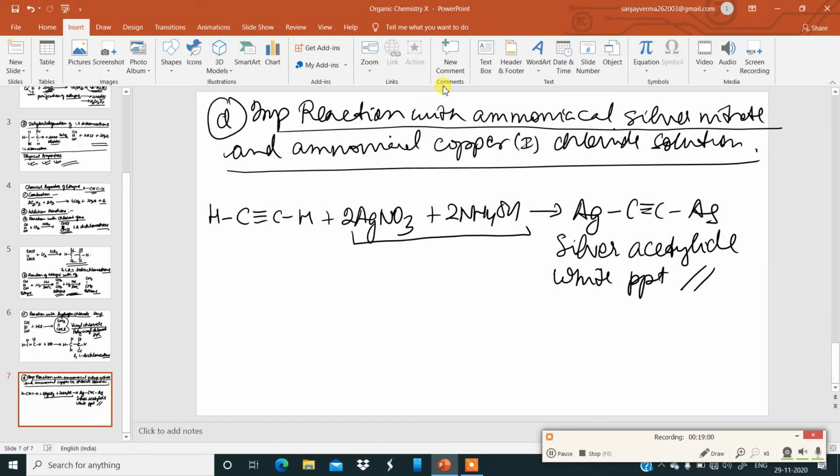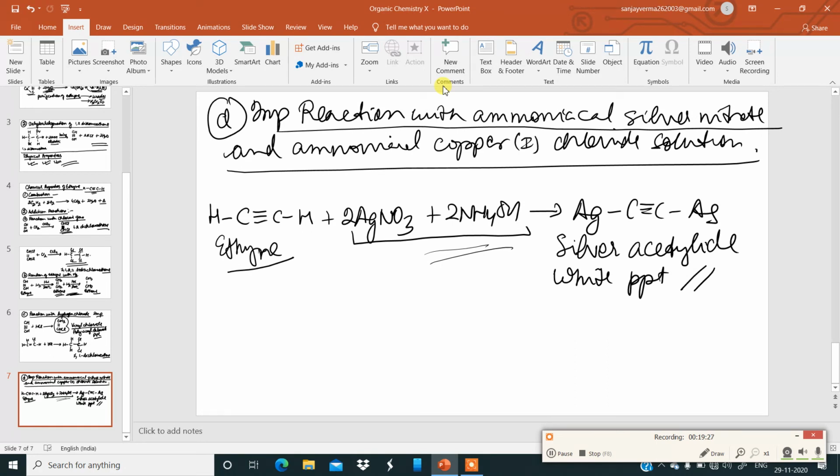Okay, so if you are given two gases, say one is ethyne and the other one is maybe ethene or ethane. So to distinguish these gases from ethyne, the other gases will not give a white precipitate with ammoniacal silver nitrate solution, but ethyne forms a white precipitate of silver acetylide with ammoniacal silver nitrate solution.